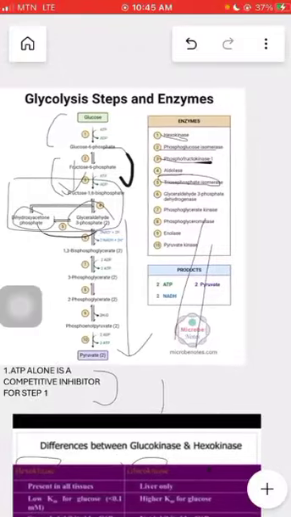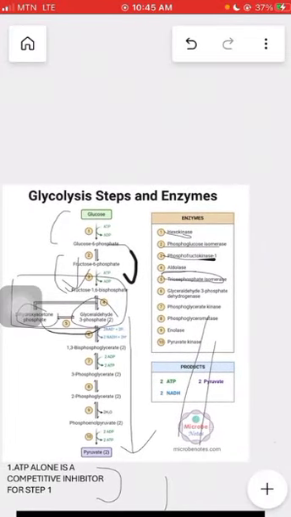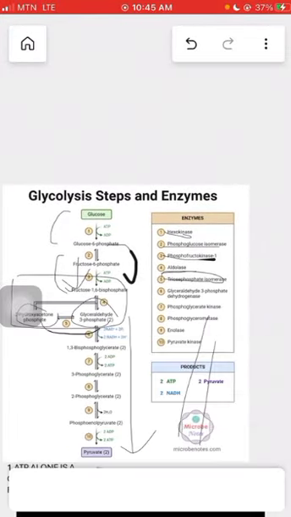So let's move to step 6. In step 6, the first thing that is going to happen is that the glyceraldehyde 3-phosphate will be converted to 1,3-bisphosphoglycerate. And that step is very important because in that step we will produce NADH.